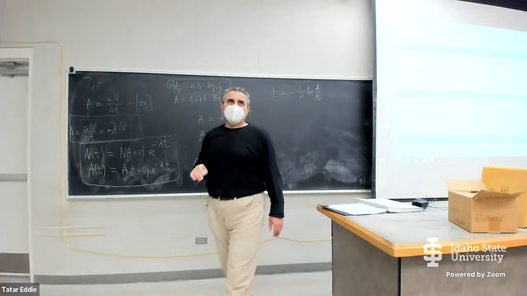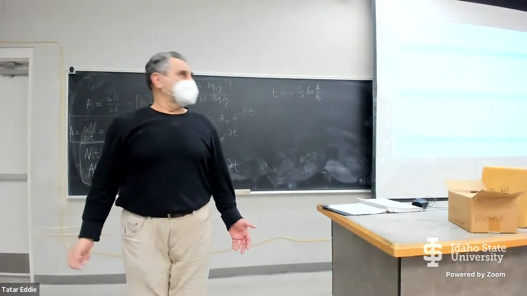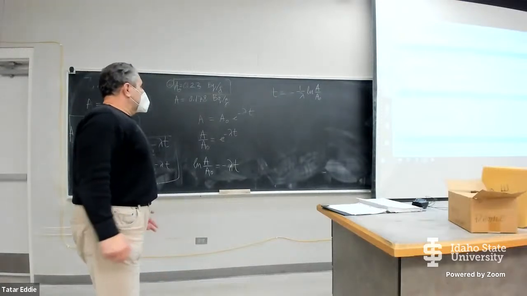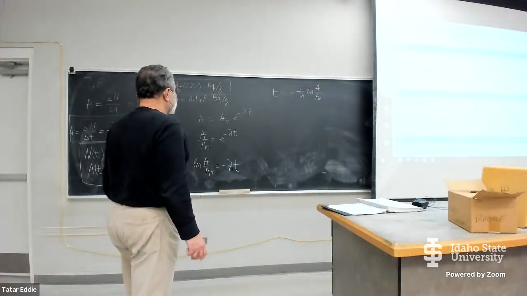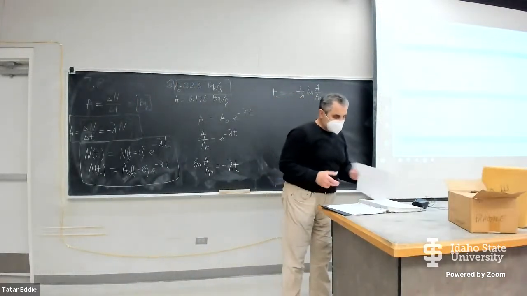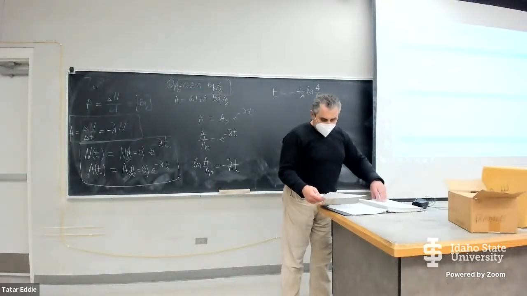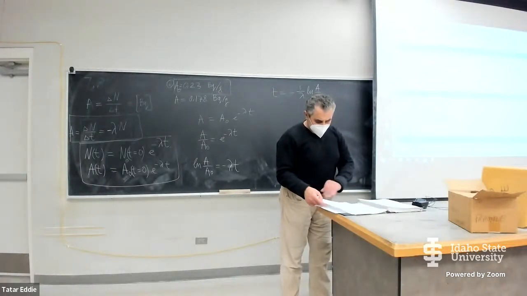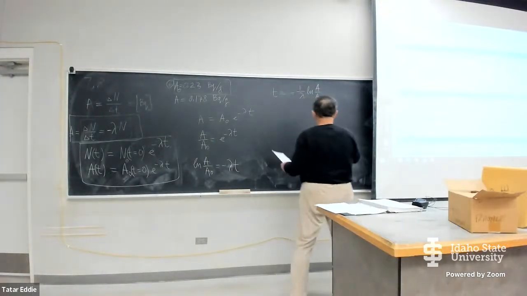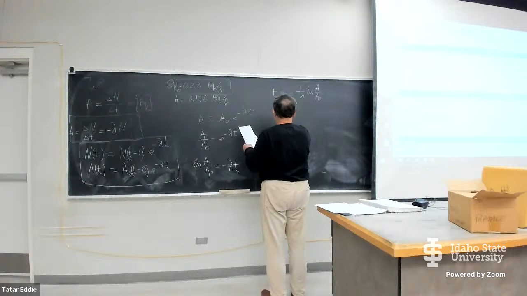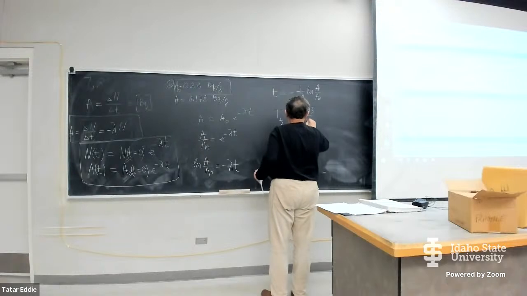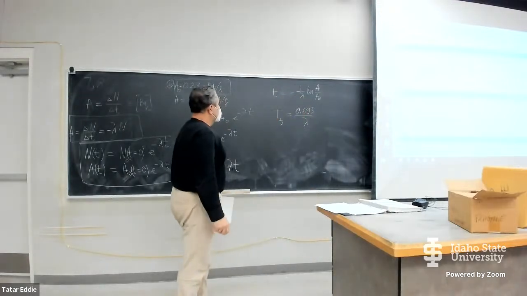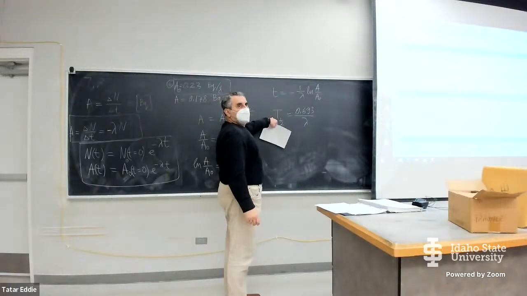Now, of course, you can say, well, what is the decay constant lambda of carbon-14? I just erased the formula, which says that the decay constant of any material is related to the half-life via T1/2 equals 0.693 divided by the decay constant. So they give you the half-life of carbon-14.